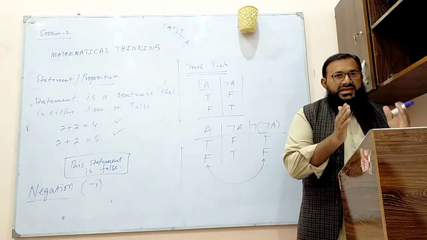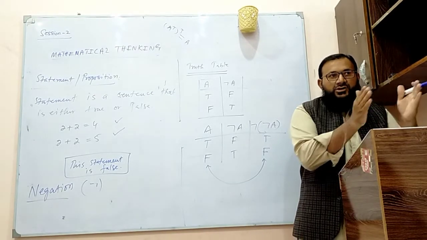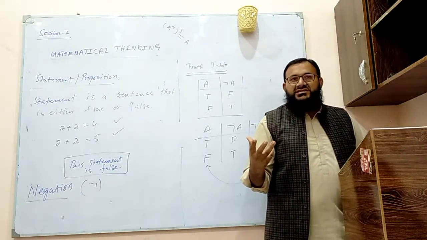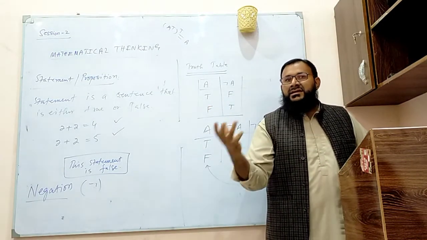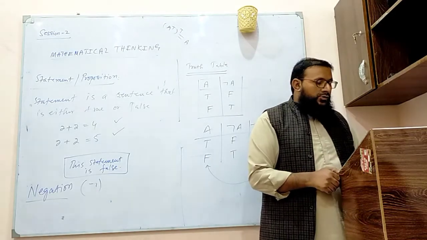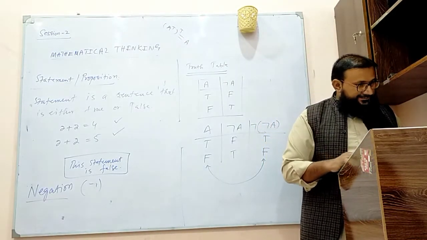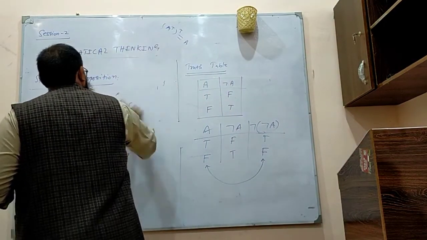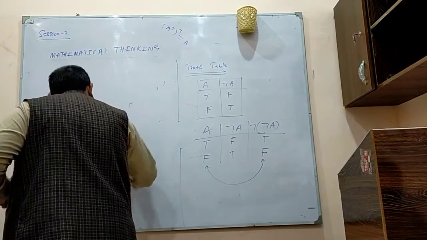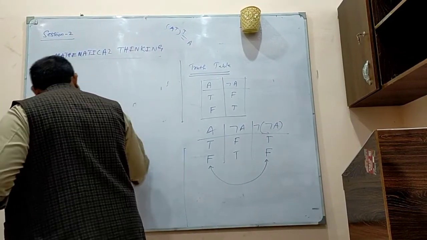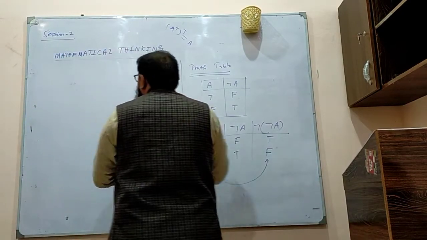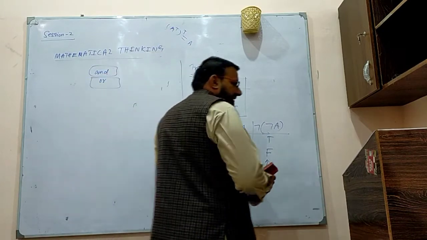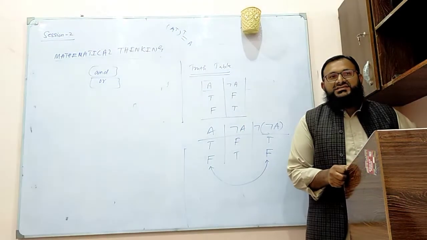So we have a statement and we are going to negate it. It means we are concerned about a single statement. What if we are given two statements? Let's say statement A and statement B. How can we connect those statements? What are the different connectives that we have? In the English language, you basically use these two words to connect sentences.